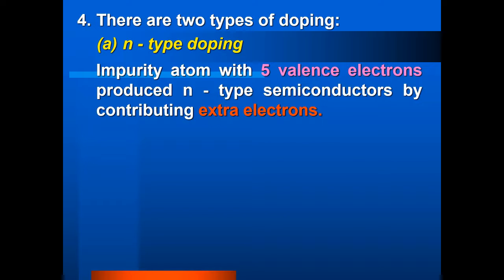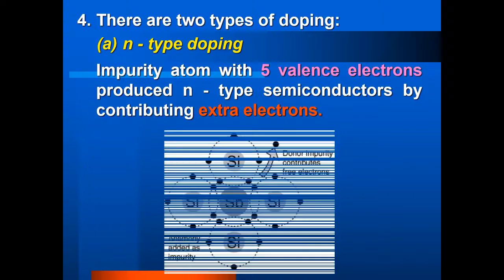N-type doping is when we add in the impurity, which is another substance with almost the same size as silicon. This impurity atom will have 5 valence electrons to produce the N-type semiconductor by contributing extra electrons.